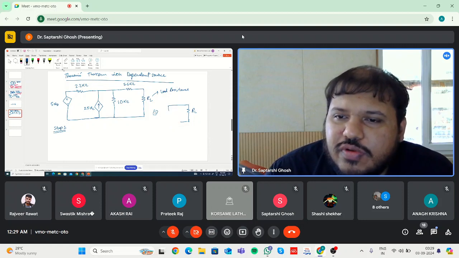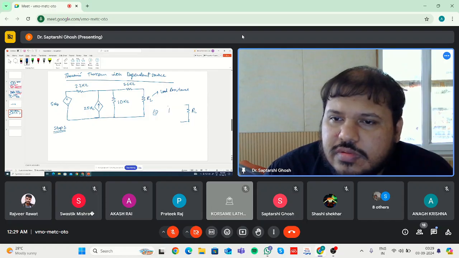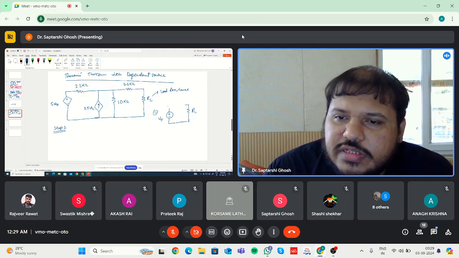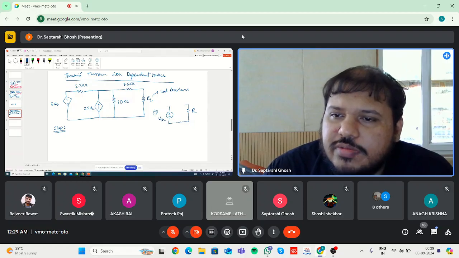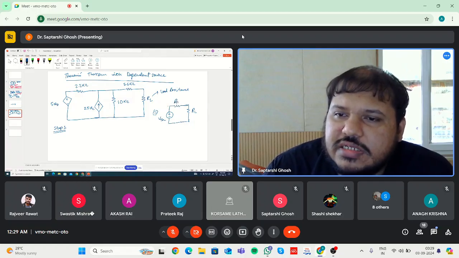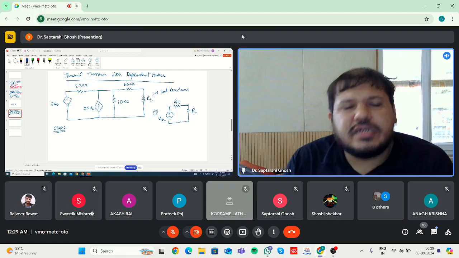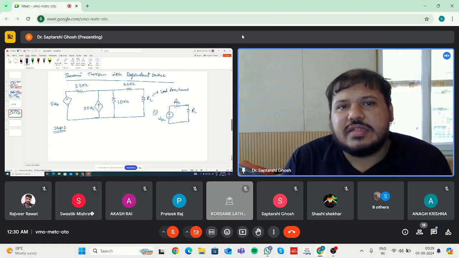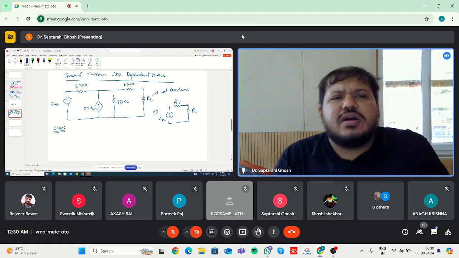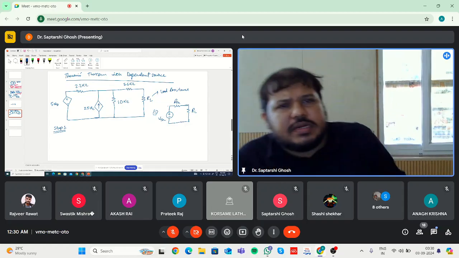There will be this voltage source, this is the Thevenin's equivalent voltage, and there will be the resistance RTH, and RL will be there. Let us start with Thevenin's because we have done Thevenin's first.